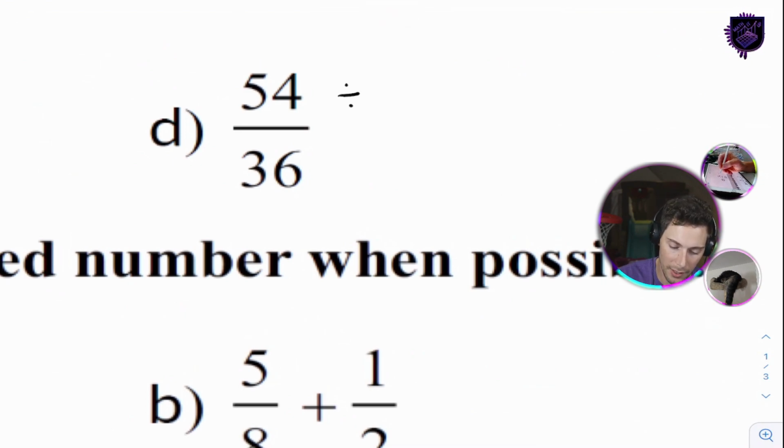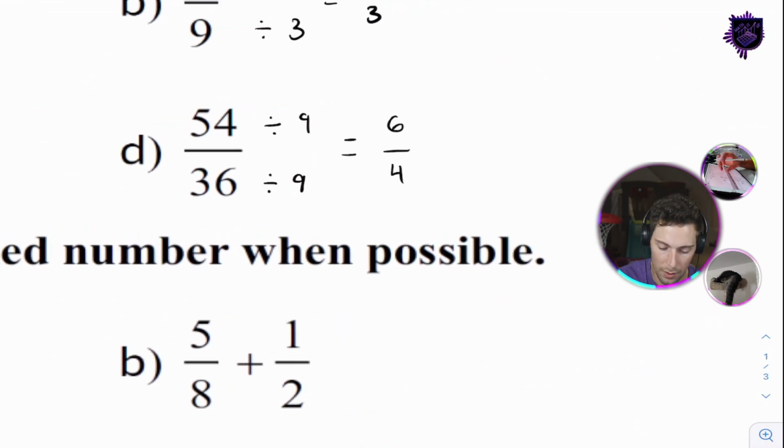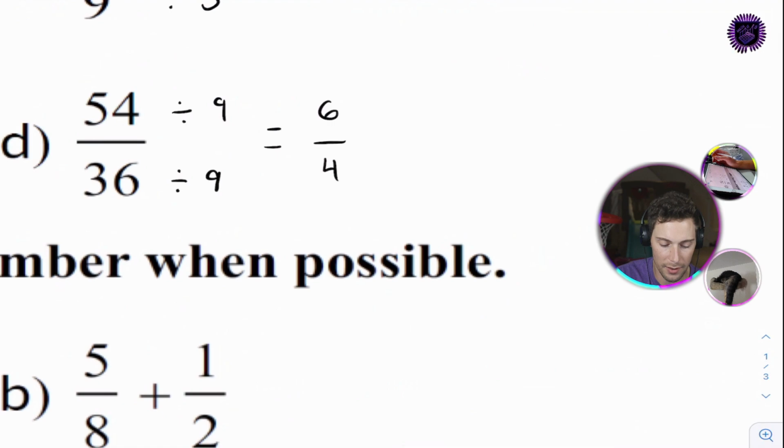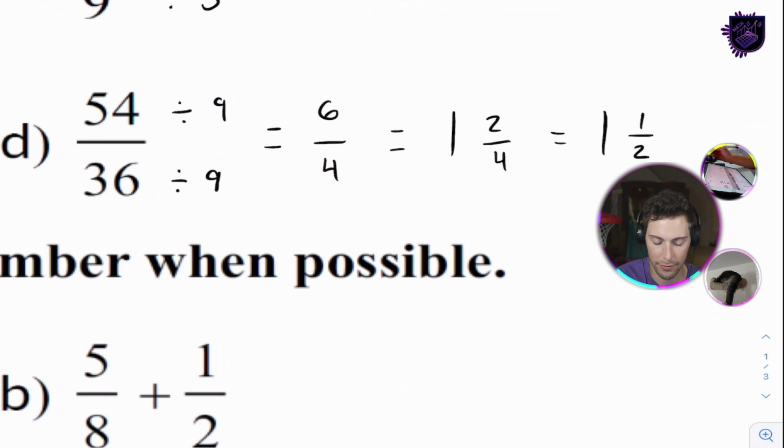So let's divide by 9, and this is going to be equal to 6 over 4. Again, is it 12? 6 over 4, which will be equal to 1 and 2/4, which will be equal to 1 and 1/2.